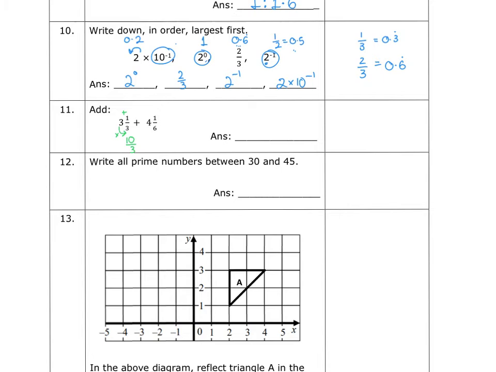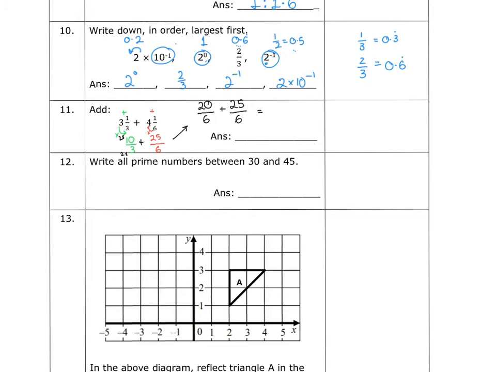This one, 4 times 6, 24, plus 1, 25 on 6. Now the same denominator is an easy one, because it can be 6, and this will be multiplied by 2, and this by 2 as well. Write them there. So I will have 20 on 6, and this one 25 on 6.